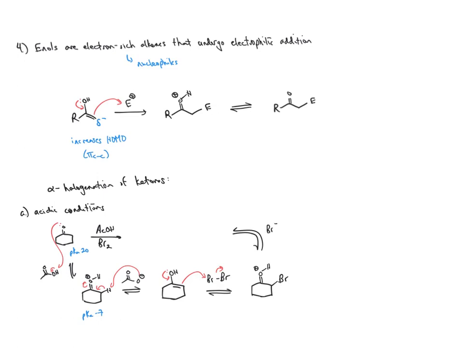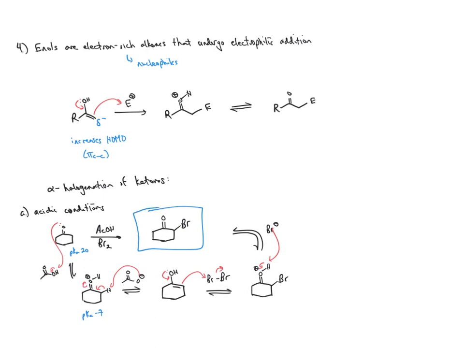And then bromide can come back and deprotonate. And so the product of this reaction is going to be your alpha bromo ketone. All right, so this is the product of this reaction.